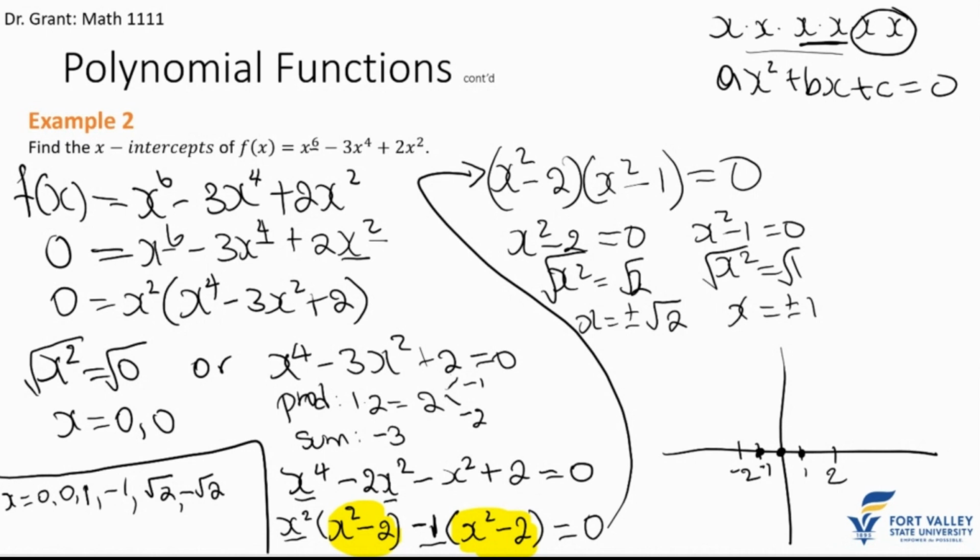Now, where do we find the square root of 2? Well, the square root of 2 lies between the square root of 1 and the square root of 4, which is 1 and 2. So it's going to be around here. And similarly, negative root 2 will be around here. Okay. So that's how we would factor this problem.